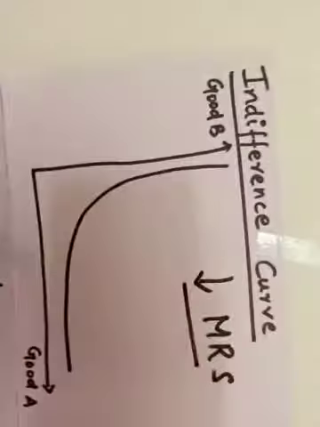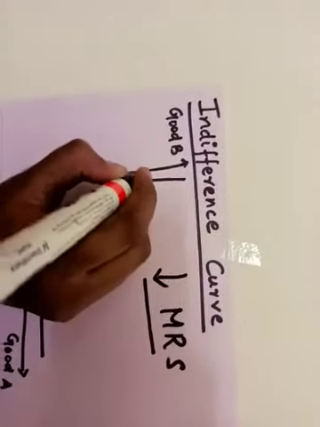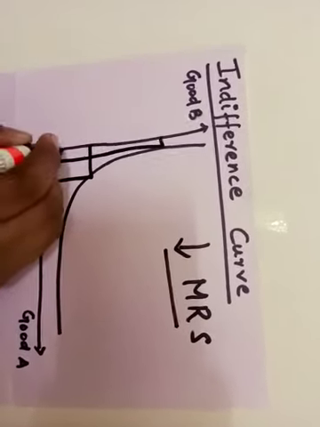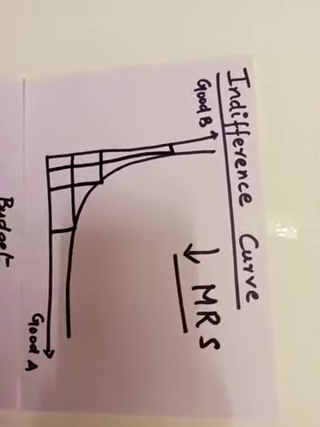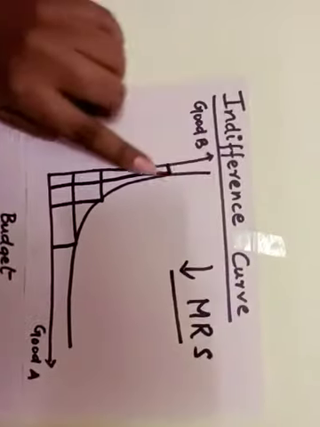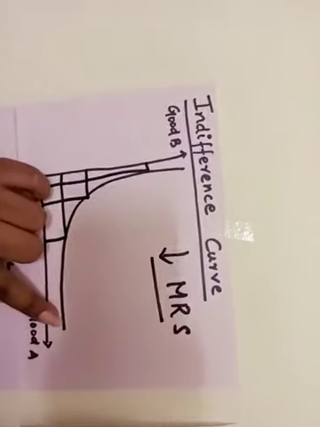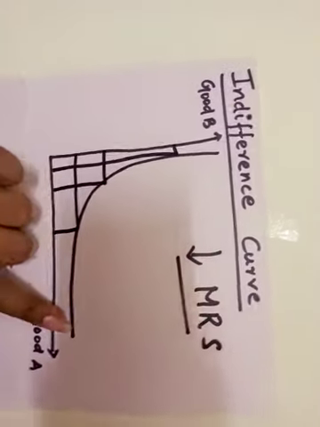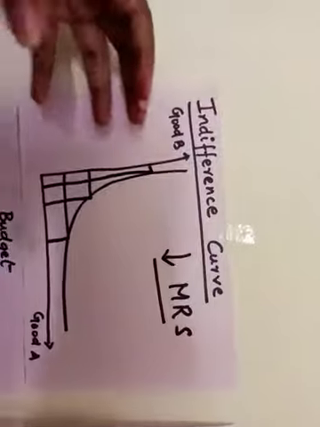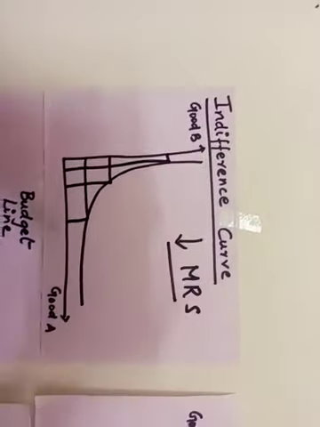Now moving on, this is the indifference curve. An indifference curve gives you all possible combinations of two goods that can be consumed with the given level of income, which gives you the same level of satisfaction. If you move to any point on this indifference curve, you will get the same level of satisfaction, but the only difference is you will get different combinations of two goods.